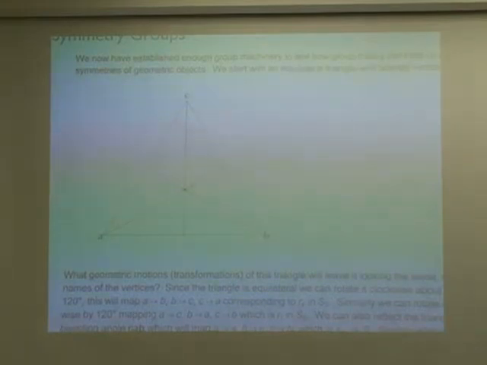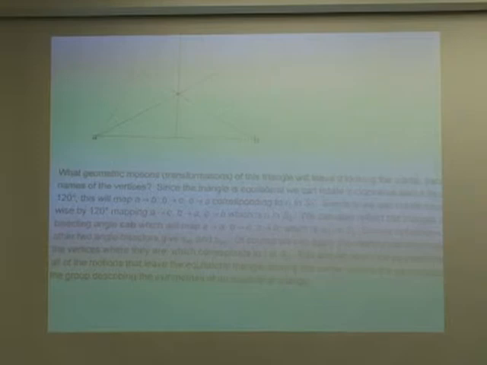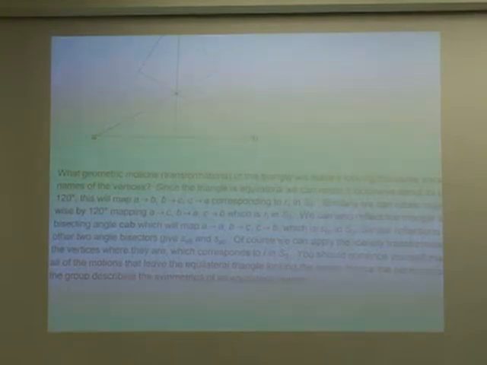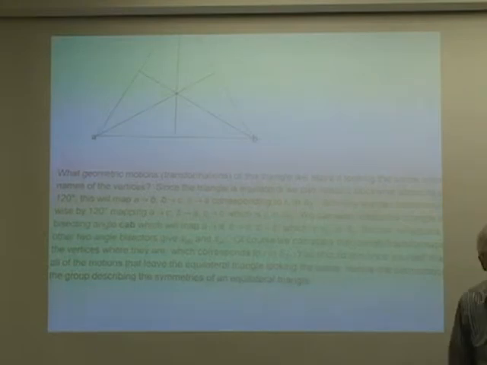Well, that's S3 that we're looking at. Because what are the elements in S3? They're the 2 rotations left and right, the identity, which doesn't do anything, and 3 swaps. So S3 is the symmetry group of the triangle.